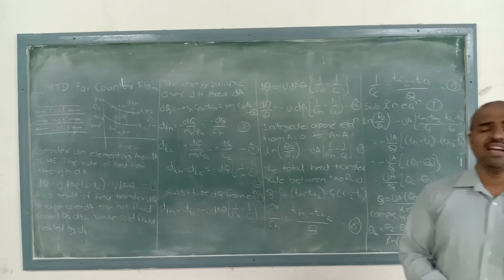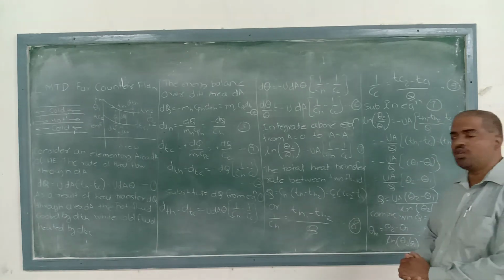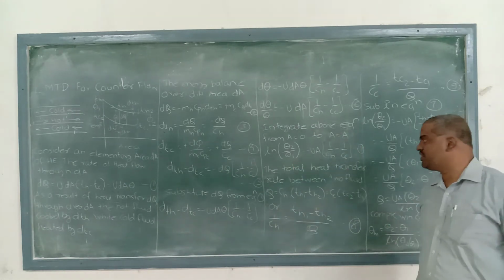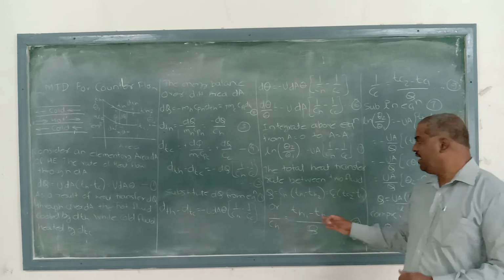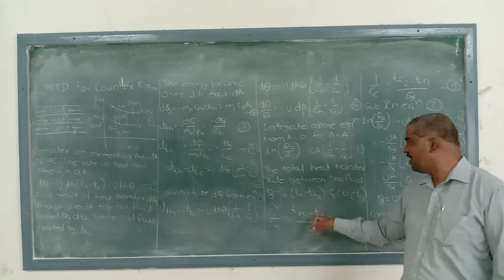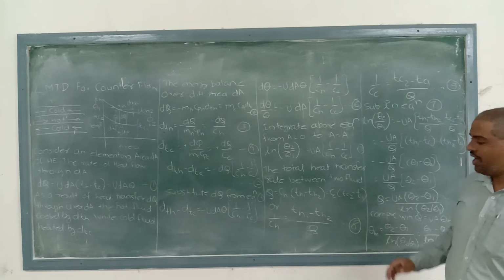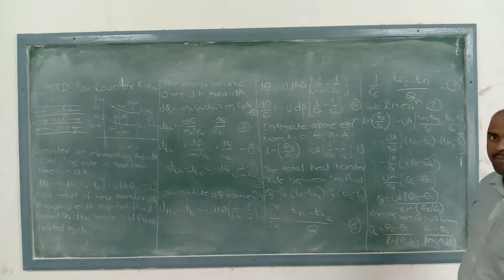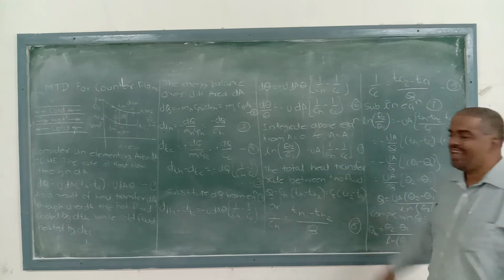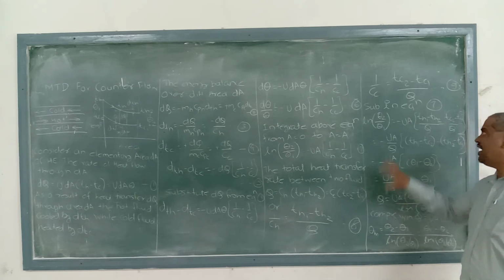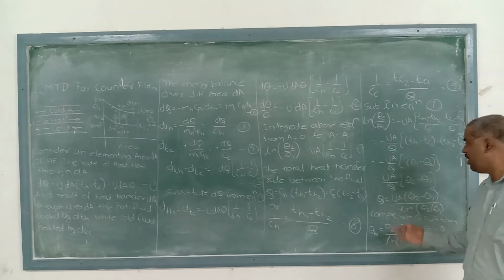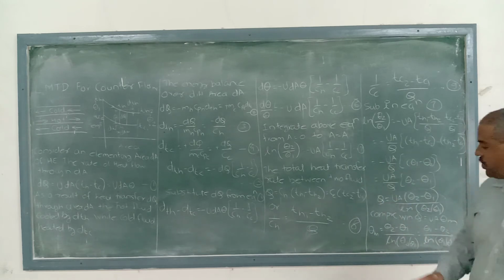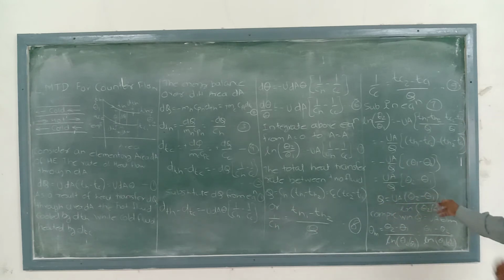Then we integrate the equation between A is equal to 0 and A is equal to A. After integration, we write the heat capacity terms, 1 upon Ch and 1 upon Cc, meaning the heat capacity of the hot fluid and the heat capacity of the cold fluid, and we substitute these values in equation number 7. After substituting, we get the amount of heat transfer Q is equal to UA (theta 2 minus theta 1) upon ln of theta 2 upon theta 1.